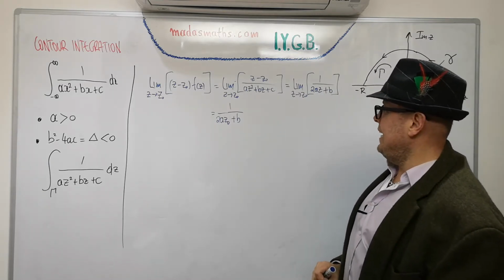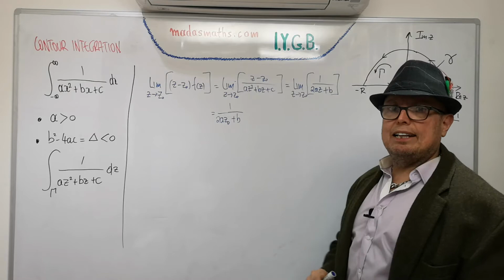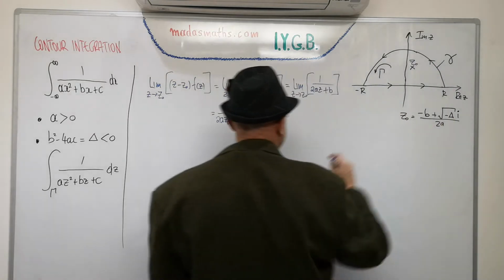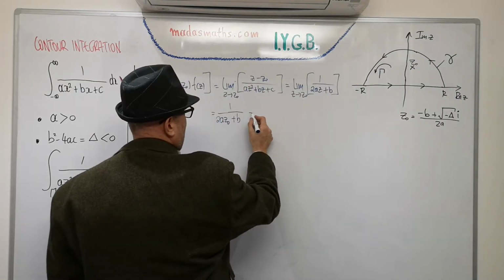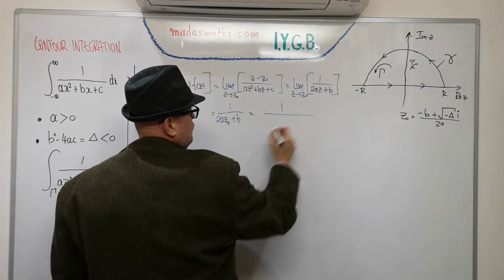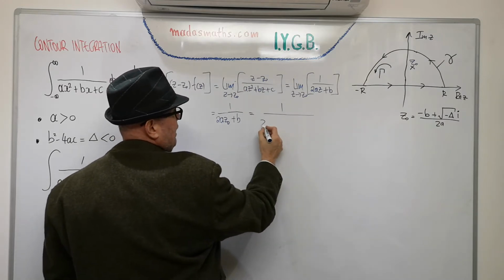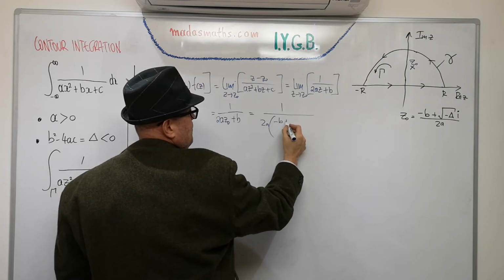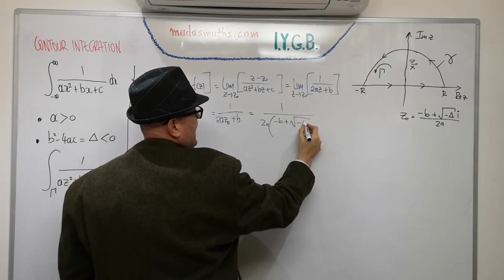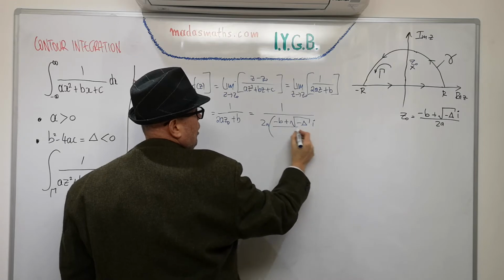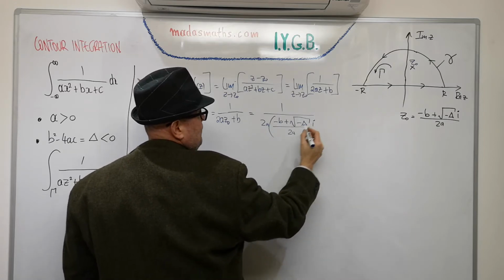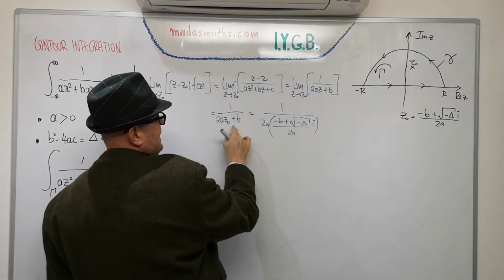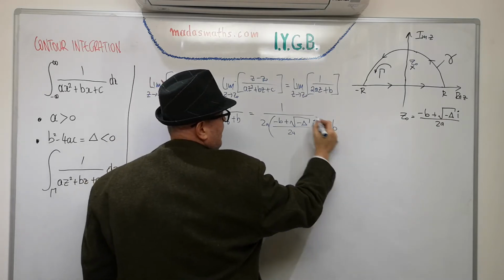I don't like the 1 on the side there. Okay, I think I can simplify this. I'm not going to leave it like this. I've got my z0 here, so this will actually simplify if we write it in full. We've got 2a times all of this, so it's going to be minus b plus the square root of the negative of the discriminant, lots of i, over 2a. So it's my 2az0, and don't forget we've got a plus b.